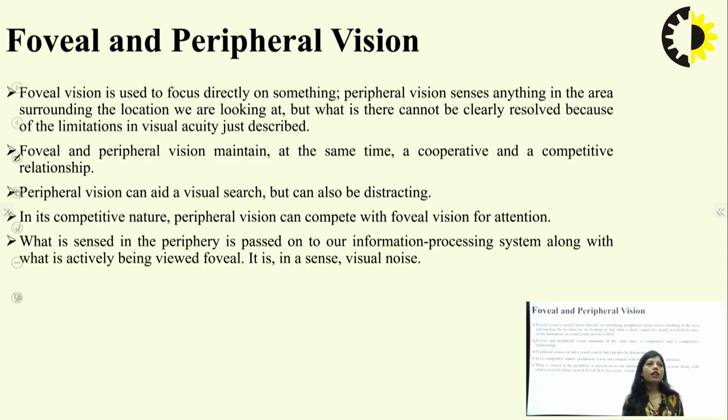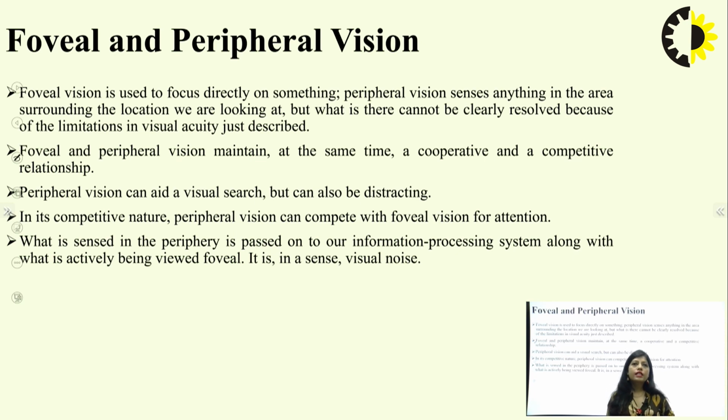The next characteristic is foveal and peripheral vision. Foveal vision is used to focus directly on something, and peripheral vision senses anything in the area surrounding the location we are looking at. If we are focusing on an object, this vision is called foveal vision.